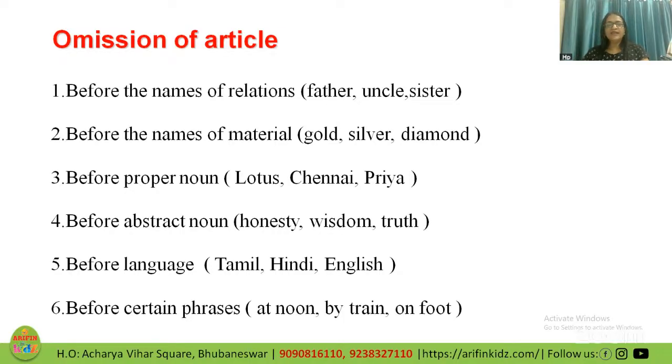Can anyone answer me any word where an article is not needed? Drop the word in the chat box. One word. Omission of articles, where? Write a word where before that noun we don't use an article.